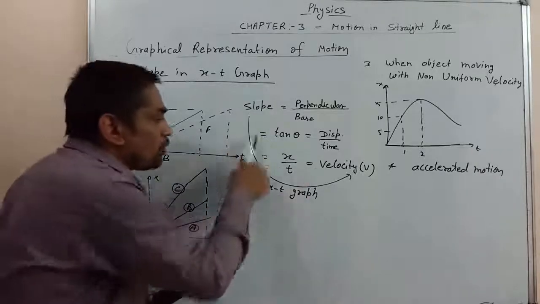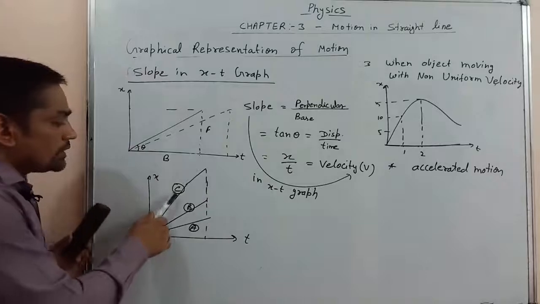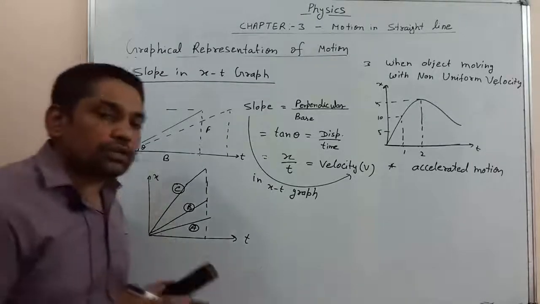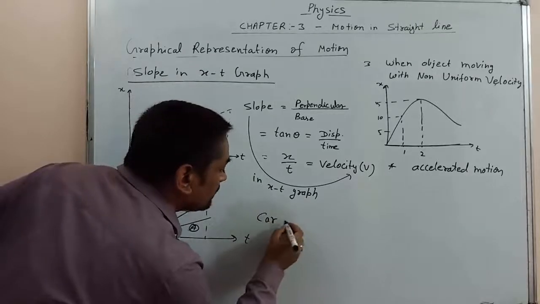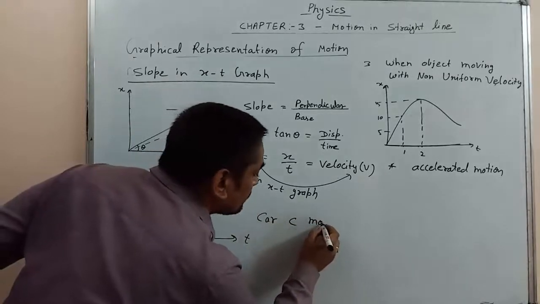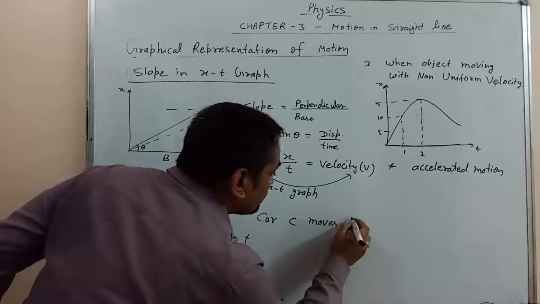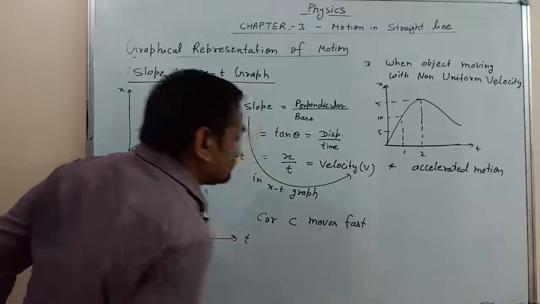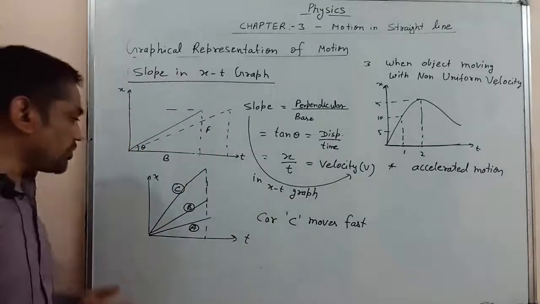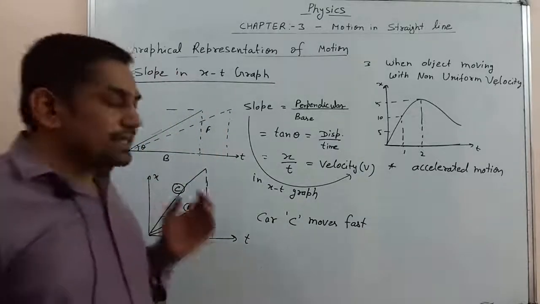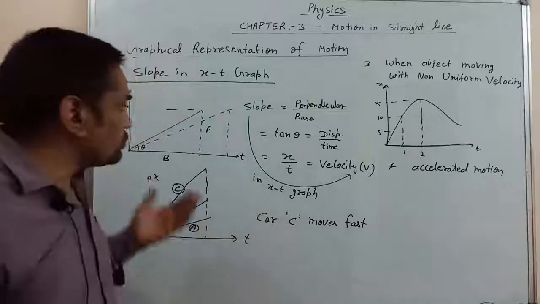So what is the slope? Velocity. So the slope is higher, that means the velocity of car C is higher. So car C moves fast among these three cars. This kind of question can be asked on this topic.